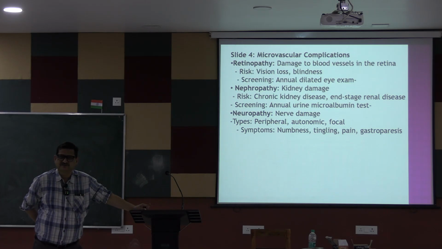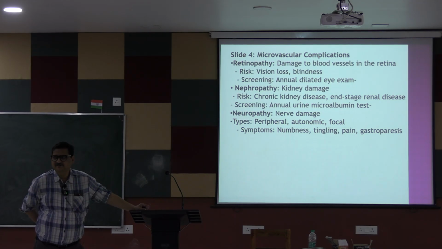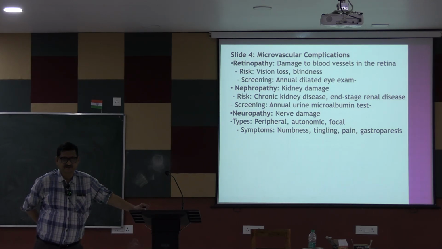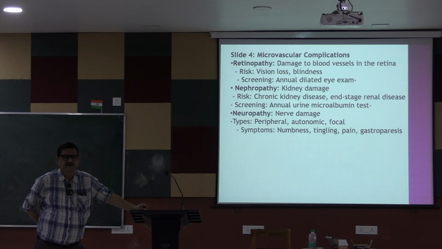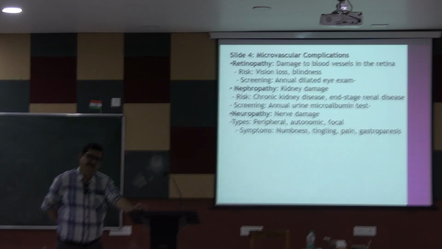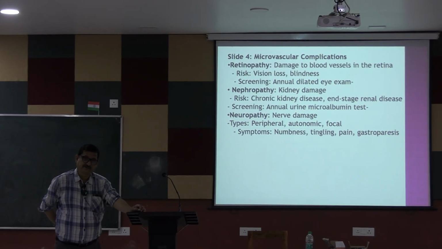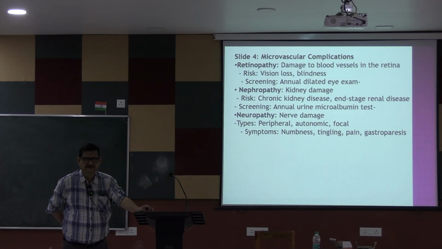Autonomic neuropathy means, any idea? What is the autonomic nervous system? Sympathetic and parasympathetic. Both have some sensory and some motor functions. Now, one important thing to keep in mind: fright causes an autonomic response, isn't it?